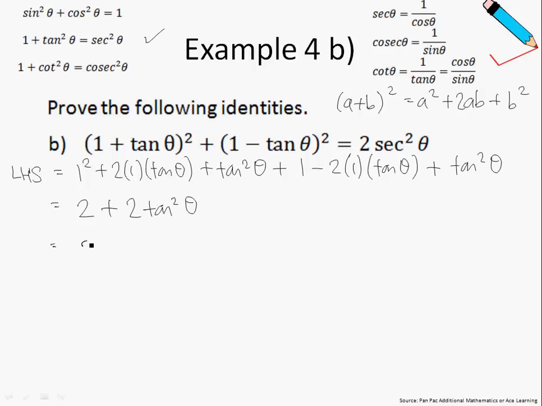Then I can factorize out my 2, which leaves me with 1 plus tangent squared theta. Finally, using the second identity you see here on the top left hand corner of the screen, this is just secant squared theta. So I'll write proved. I hope you have understood this example.